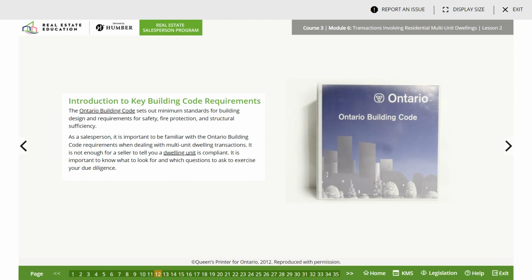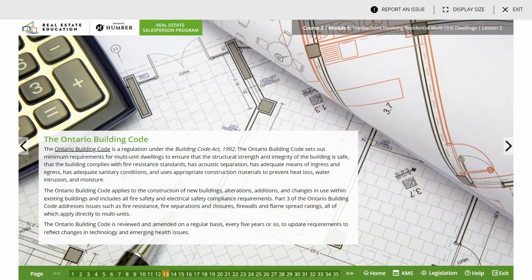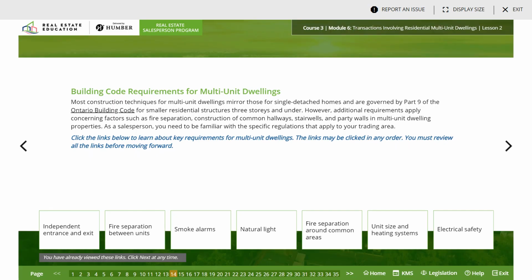Okay, right here. Building code. Okay, so basically the requirements, most construction techniques.